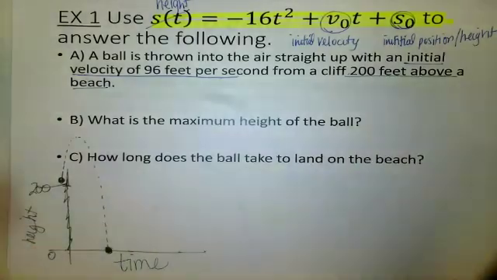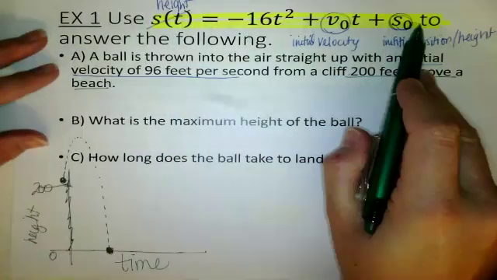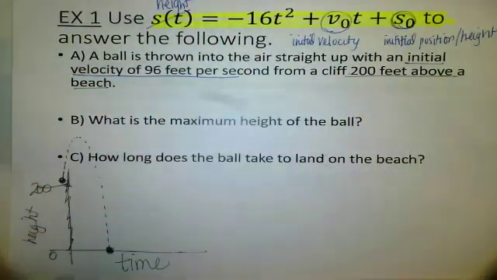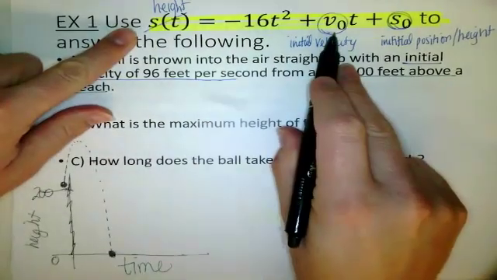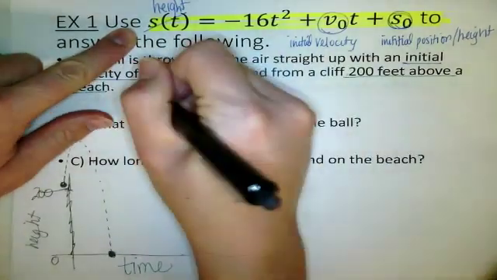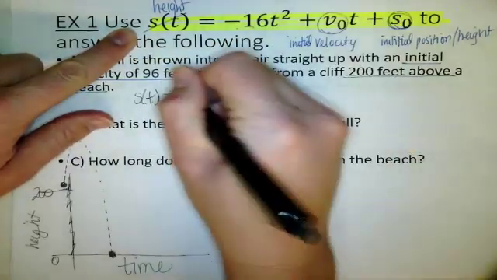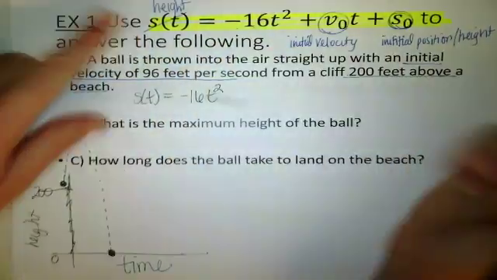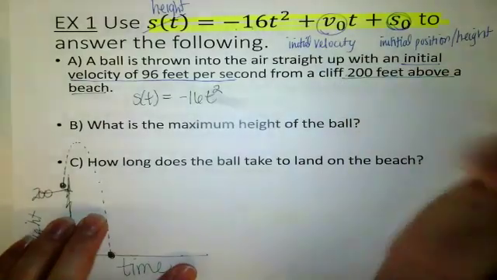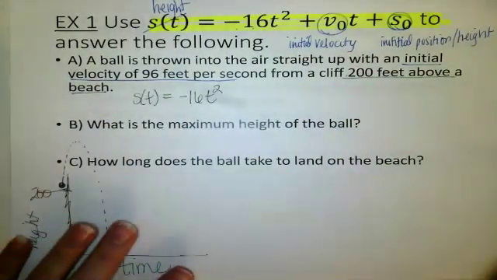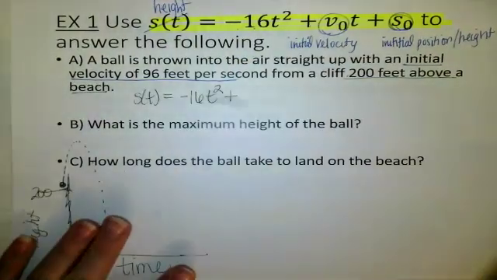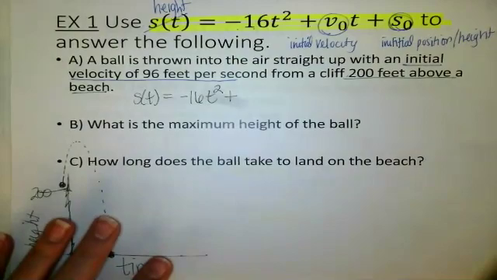All right, so the first thing we want to do is write an equation. So we're going to plug in the values for the velocity and the initial position. So I have S of T equals negative 16t squared. What is the initial velocity of this ball? I underlined it.